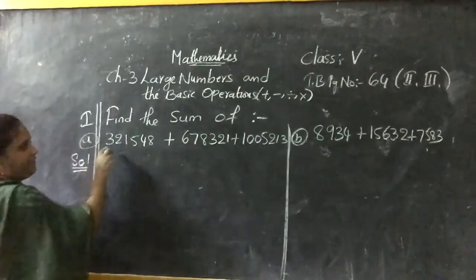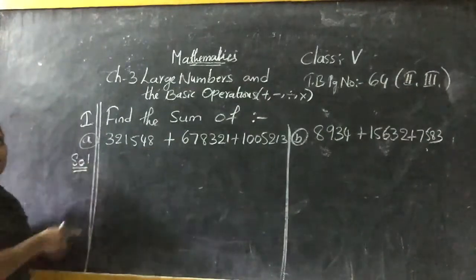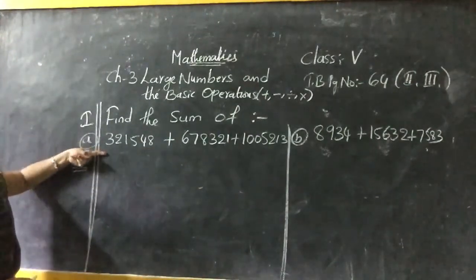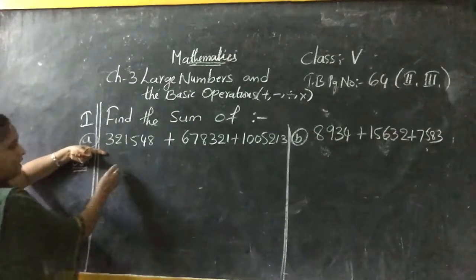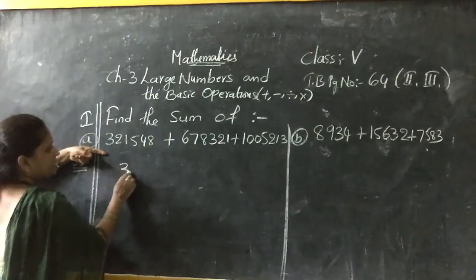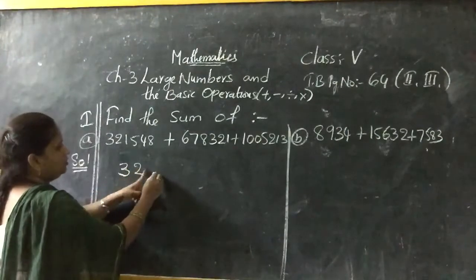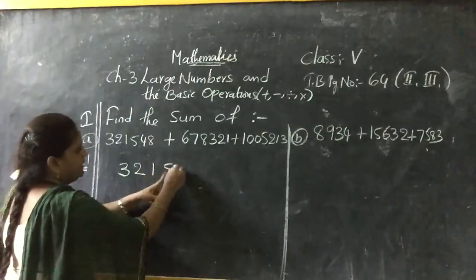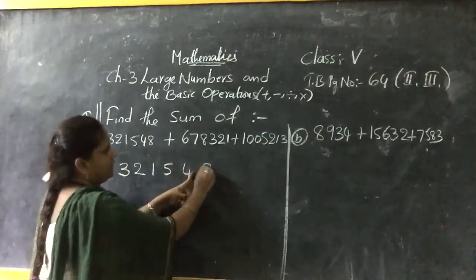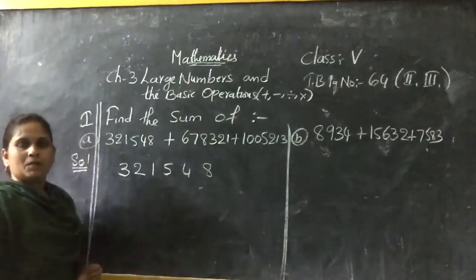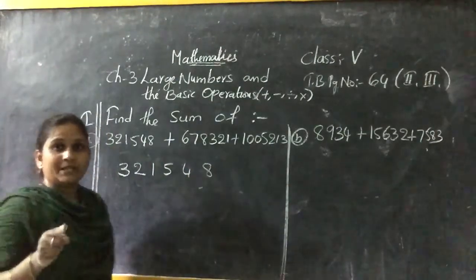Now the first number, children. Give a 1 finger gap and copy the numbers, giving a half finger gap: 3, 2, 1, 5, 4, 8. Now everyone observe carefully.